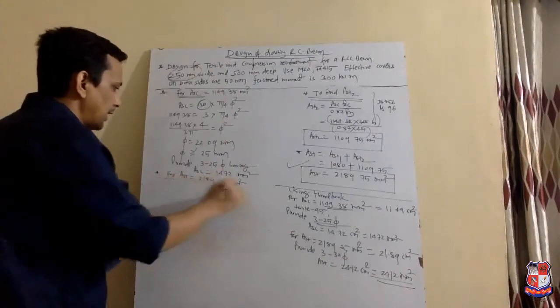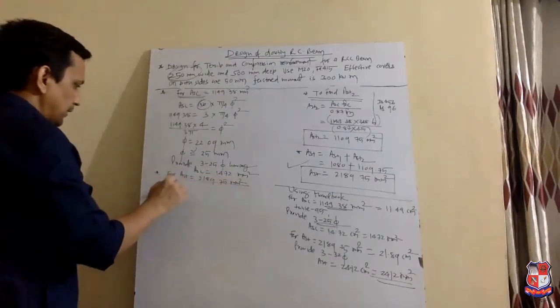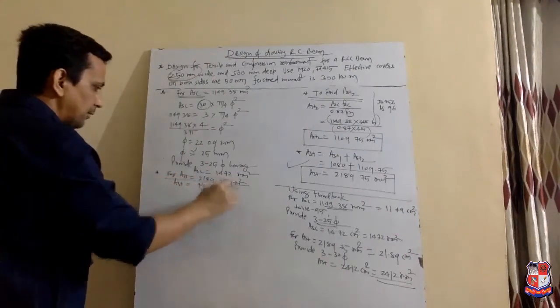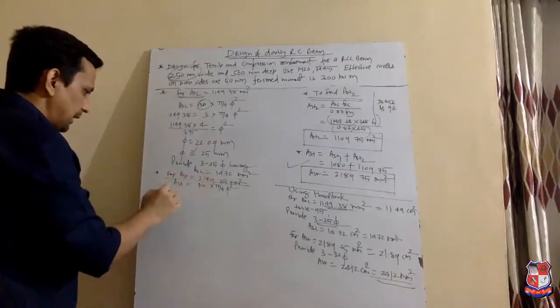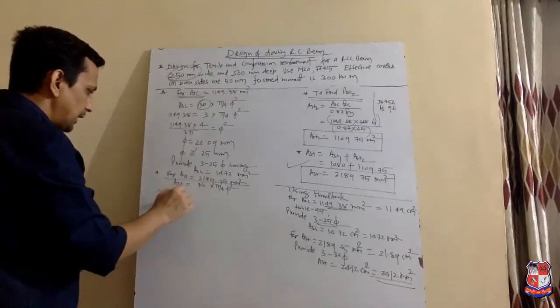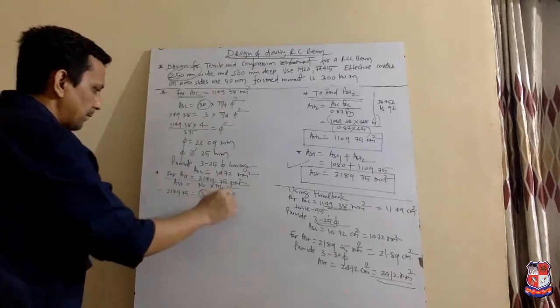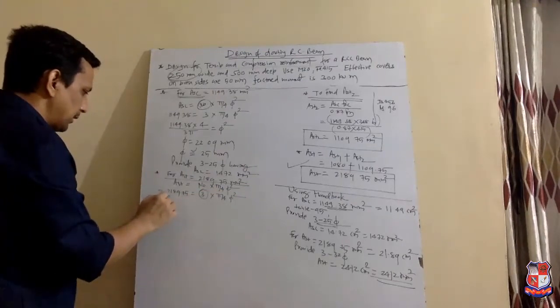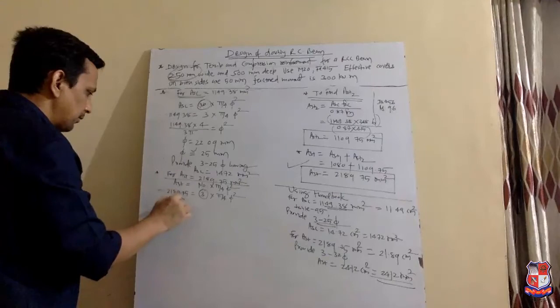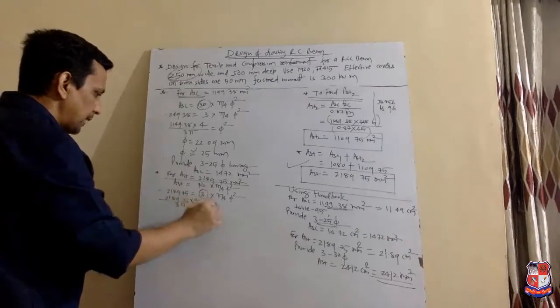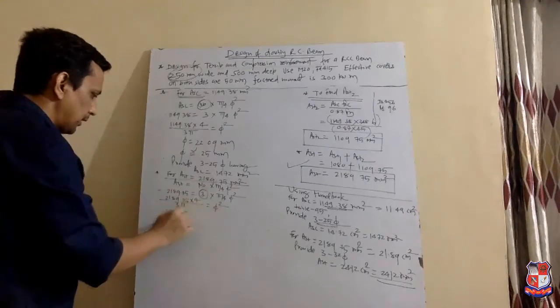Similarly, for AST 2189.75 mm square, the equation will be number into pi by 4 dia square. Area is 2189.75. Just fix the number, pi by 4 dia square. So 2189.75 into 4 upon 3 pi equals dia square.